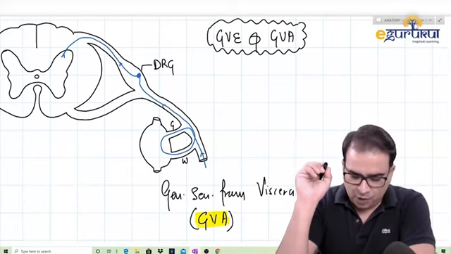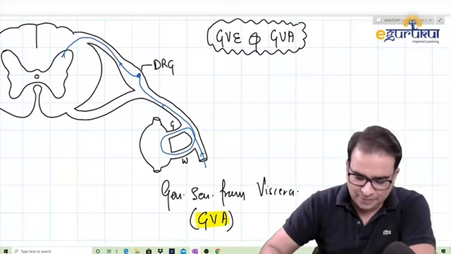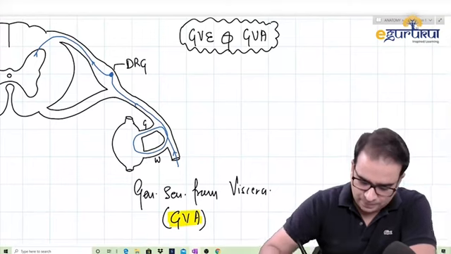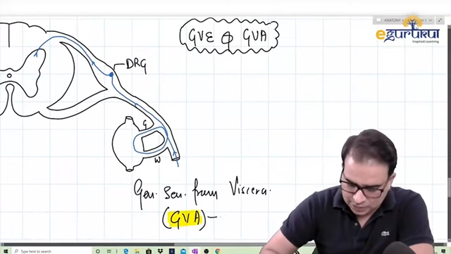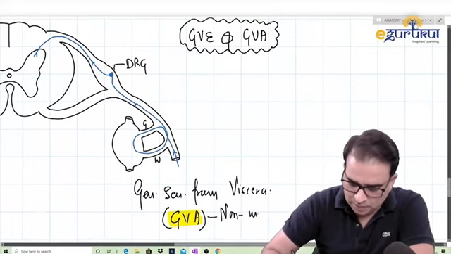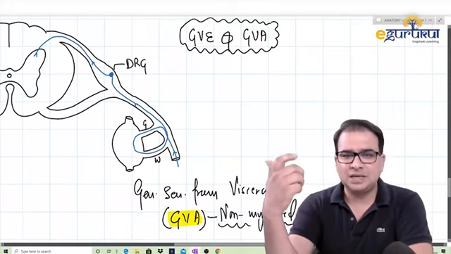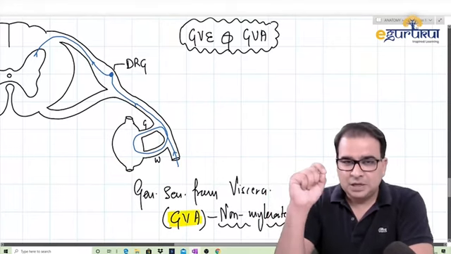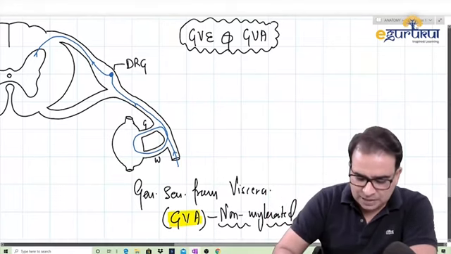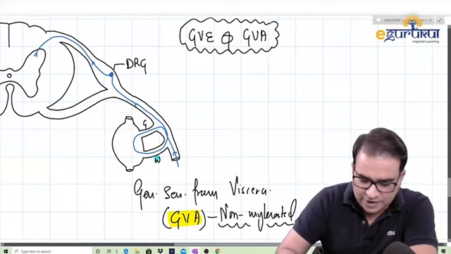Another thing to understand here is that the GVA fibers are actually non-myelinated fibers. Like pain fibers are carried by the C fibers, that is, they are non-myelinated fibers. So these non-myelinated fibers are also passing through the white ramus communicans.